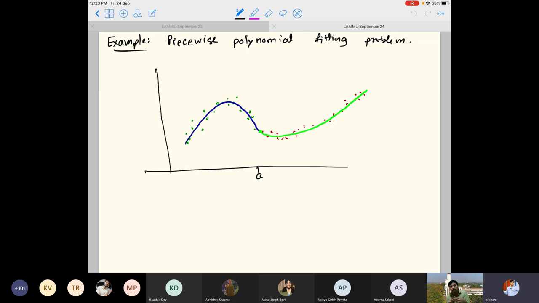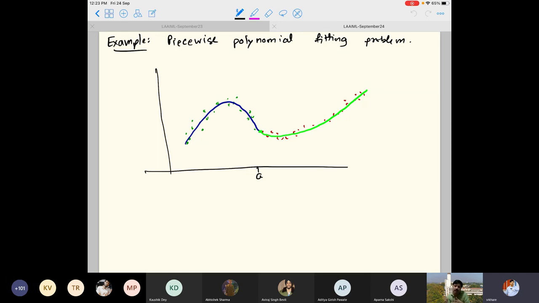Then I will have a smoothness condition also, that the first derivatives of both polynomials should match at this point, and so on. So I will have conditions of this type imposed on those polynomials when they meet at point A. Such a piecewise polynomial fitting problem is called spline fitting.